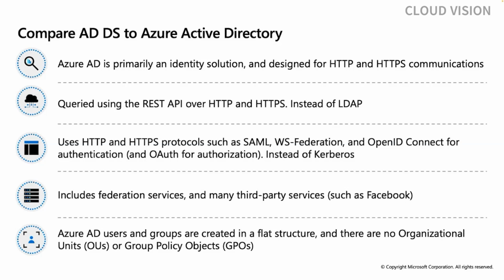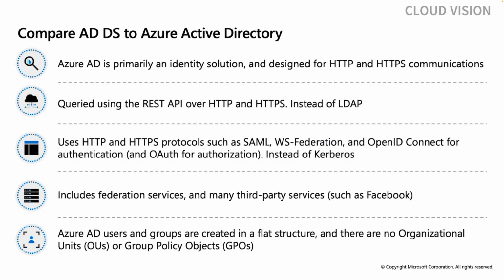Azure AD is more like a primary identity solution, and it's designed on HTTP or HTTPS communication. It's recommended to use HTTPS. You can query using REST API over HTTP and HTTPS instead of LDAP. So that's a difference, where Azure Active Directory operates on REST API.